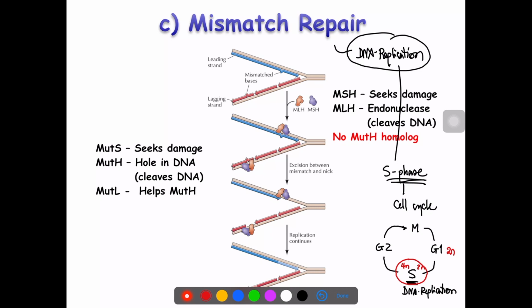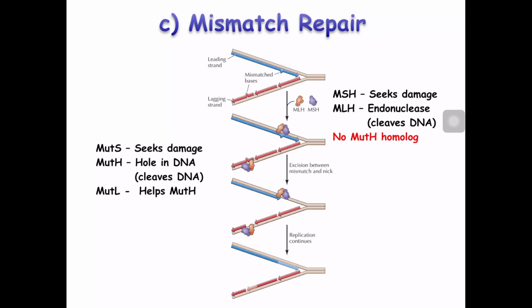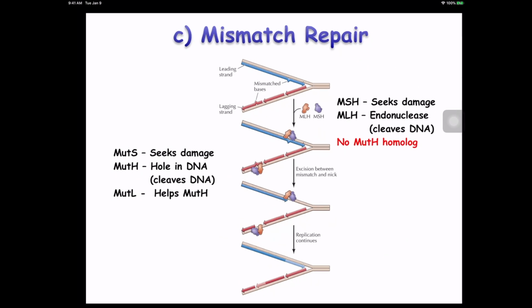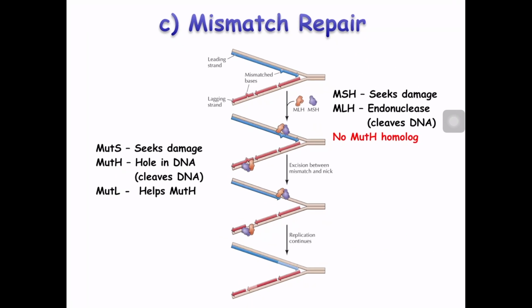So at the end of S phase, you have a 4n chromosomal number, and you remain in 4n until mitosis. At the end of mitosis, you regain your diploid status in the cell. All right, so that was just a reminder of what's happening during the cell cycle.